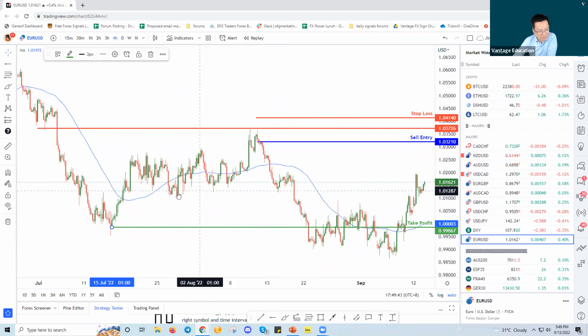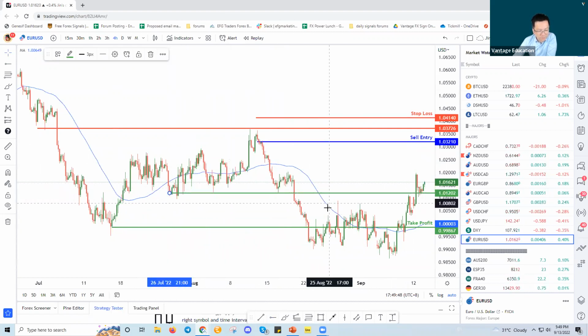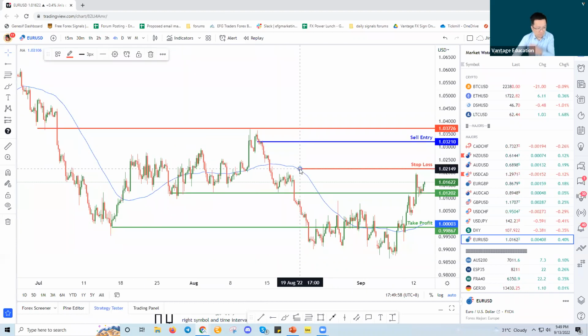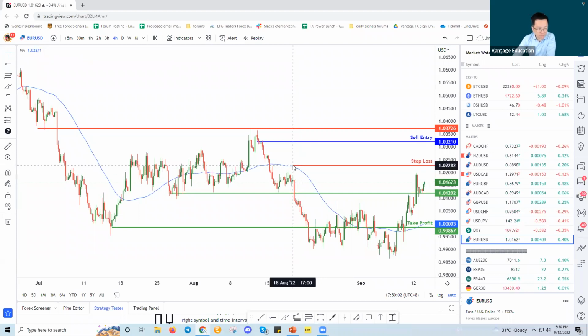As it comes down and breaks below key levels, for example there, I will move my stop loss either towards break even, or in this case, as it breaks below that point, I'll move it just above that moving average.